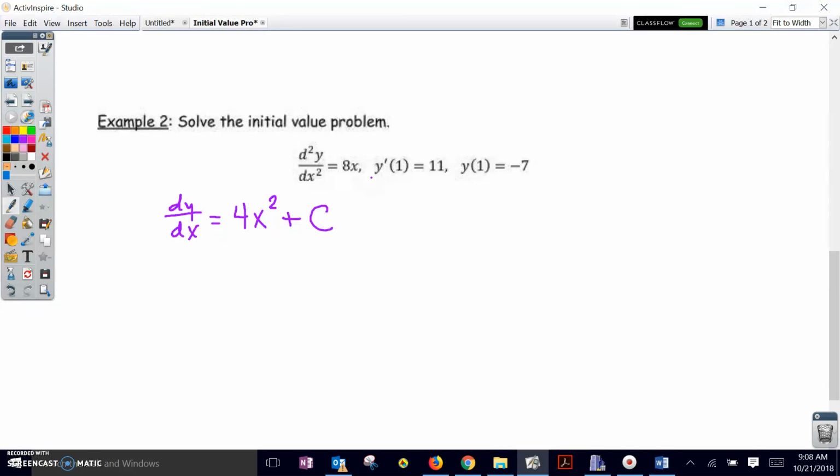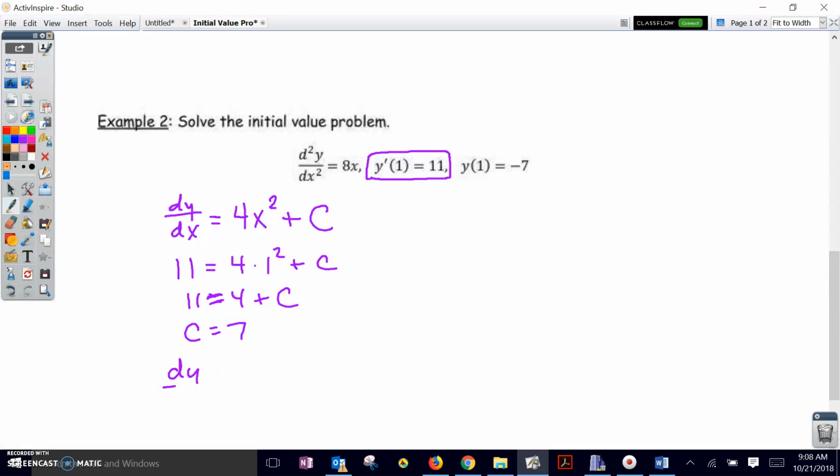And now we're going to use this initial condition, which tells us that when x is 1, the derivative is 11. So I substitute 11 in there for y prime and 1 for x. And we get that c is equal to 7.